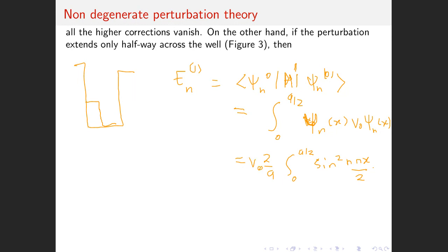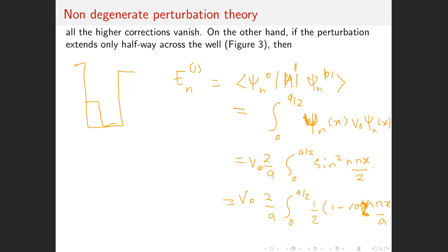The V naught you can take out, so this gives you V naught 2 over a, integral from 0 to a over 2 of a half, 1 minus cos n pi x over a.